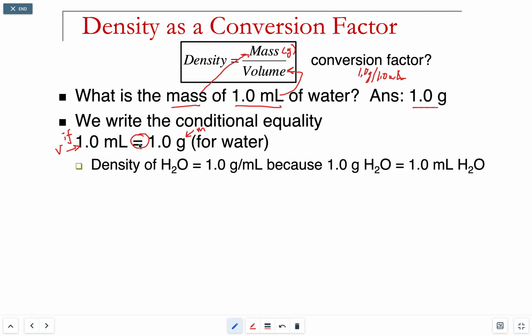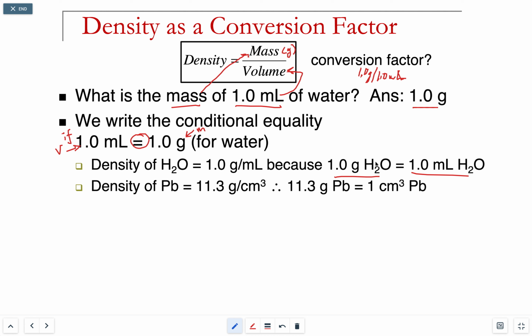This way we measure the volume, this way we measure the mass. And so it is a conditional relationship. Now, if I divide both sides by 1.0 milliliters, I end up with the density, right? This mass to volume ratio. So again, density of water is 1 gram per milliliter. Why? Because this is true.